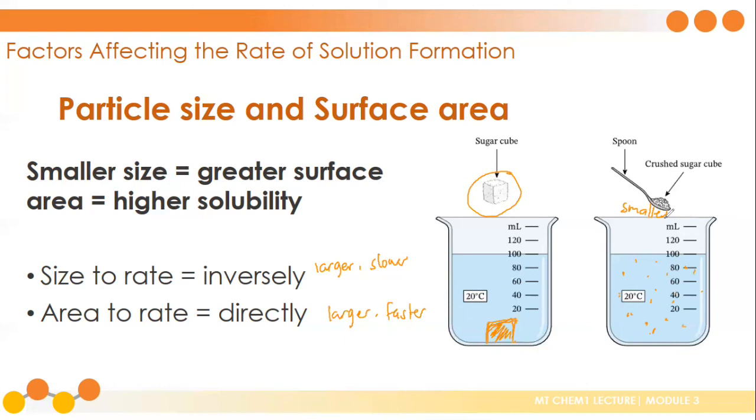So since this granulated sugar has more surface area than the sugar cube, they dissolve much faster because they interact with our solvent molecules much more often. So again, particle size is inversely proportional. Surface area is directly proportional. Those are the factors that affect the rate of solution formation.